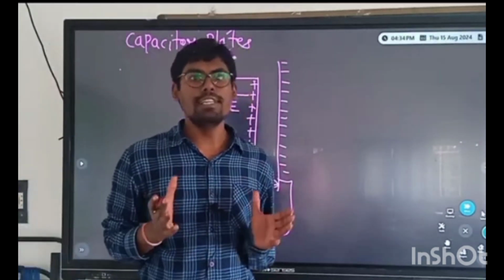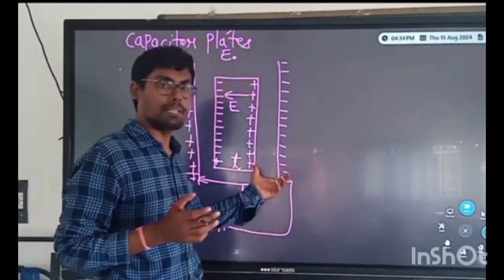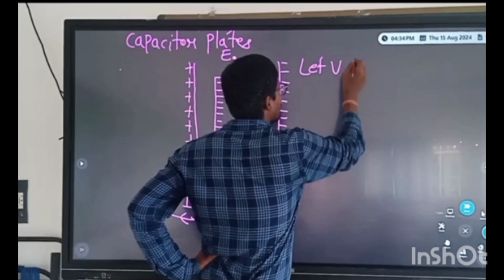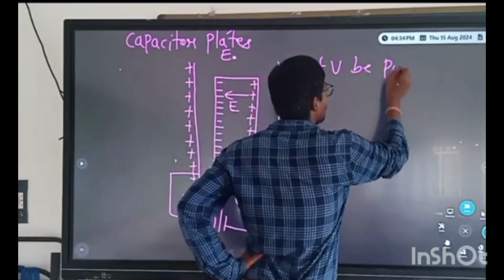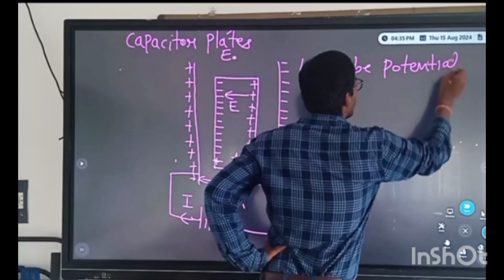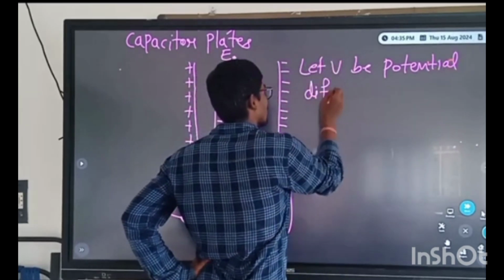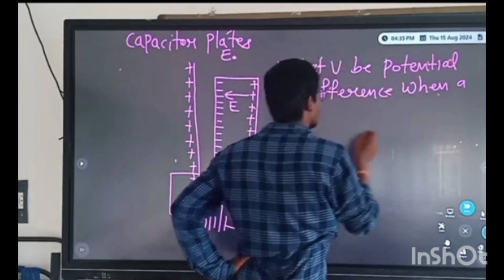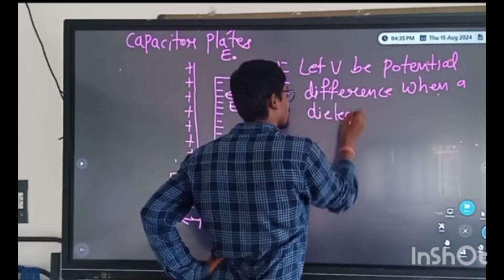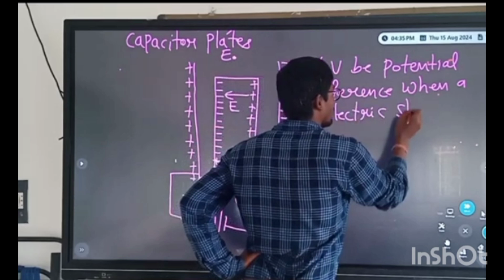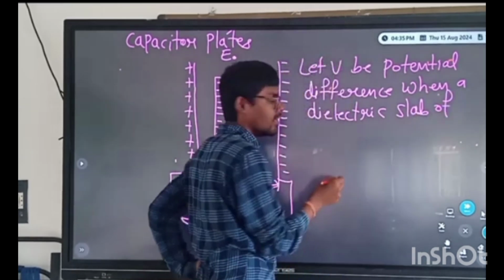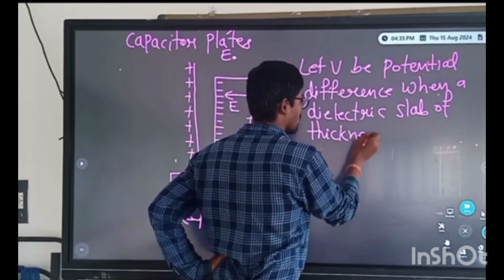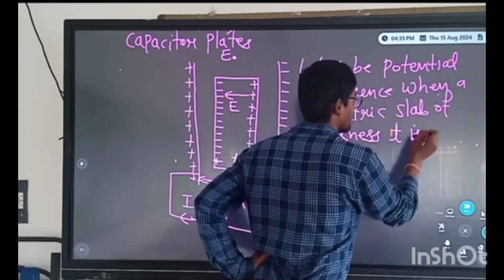Now let V be the potential difference between the two capacitor plates when a dielectric slab of thickness T is inserted.